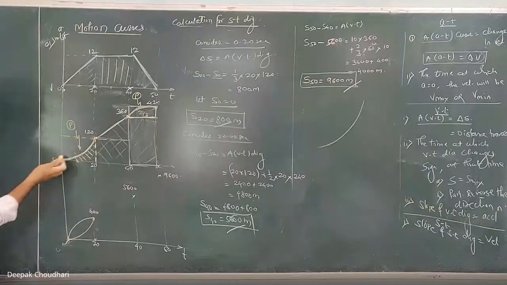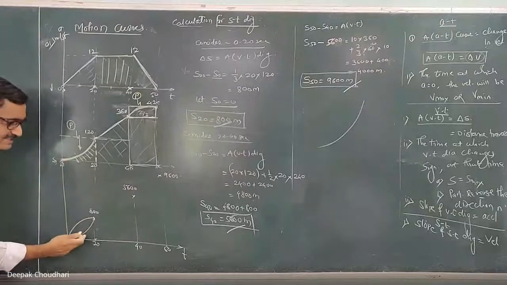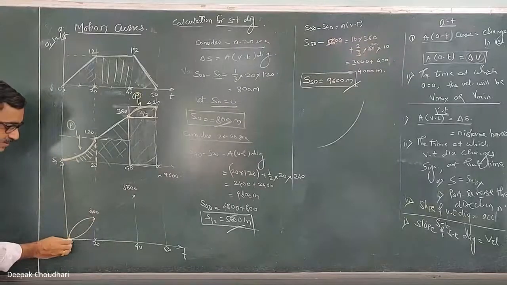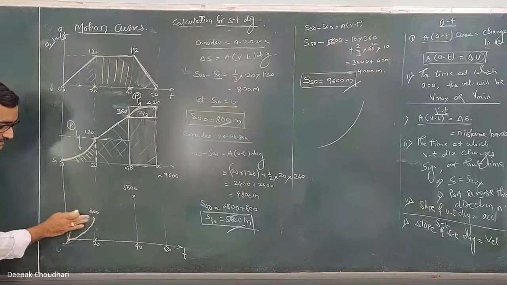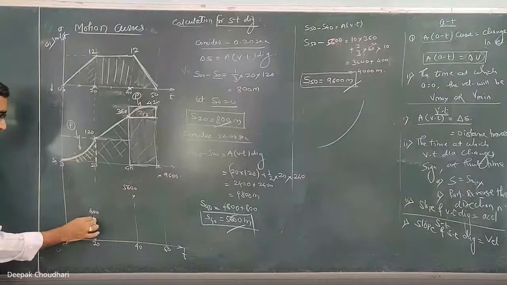Velocity is increasing. Since the velocity is increasing from 0 to 20, it means I have to plot such an ST diagram whose slope should increase. So this is the curve whose slope is increasing. This is not. Okay, so this is the ST diagram.